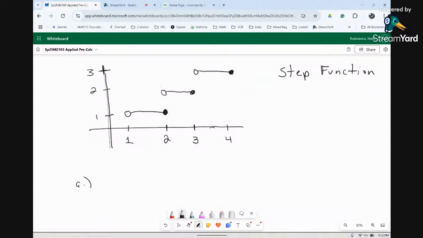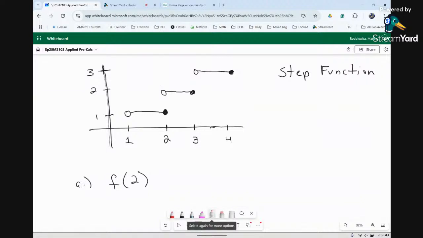First question. We were asked to use this graph to evaluate f of 2. What do we think we would say? 1. Correct.